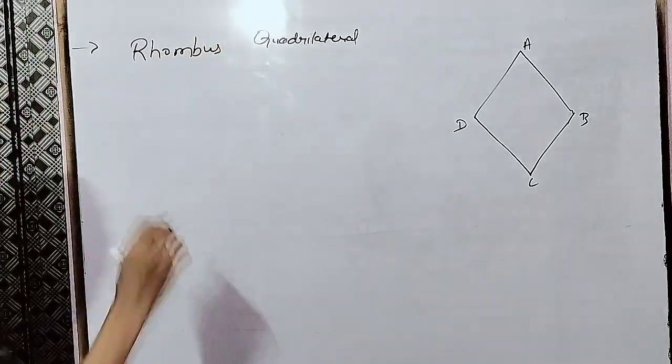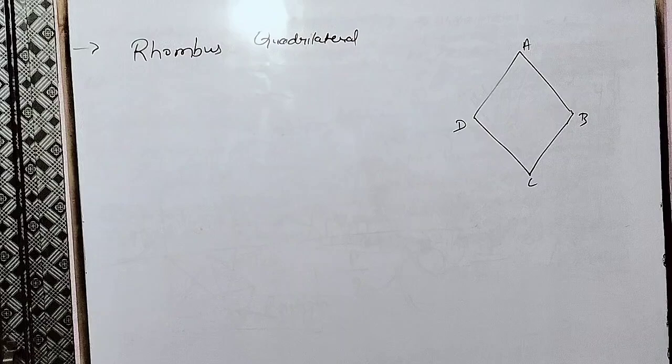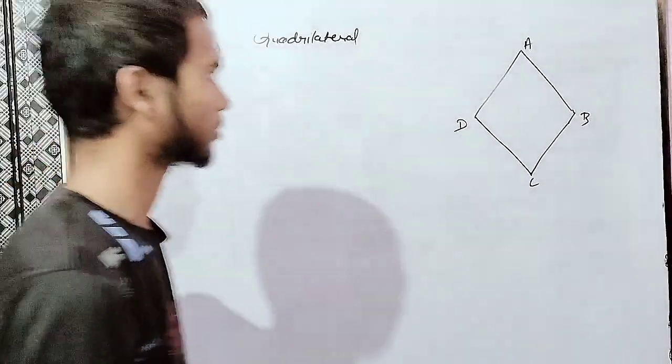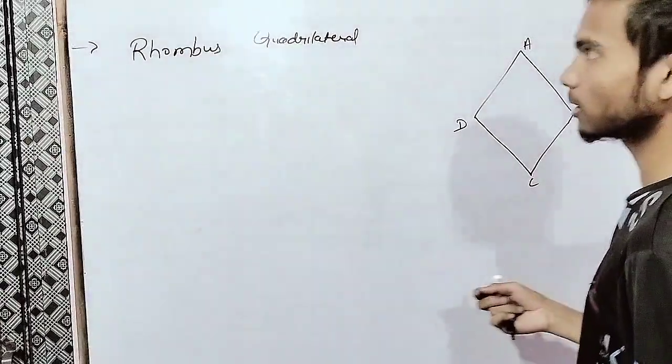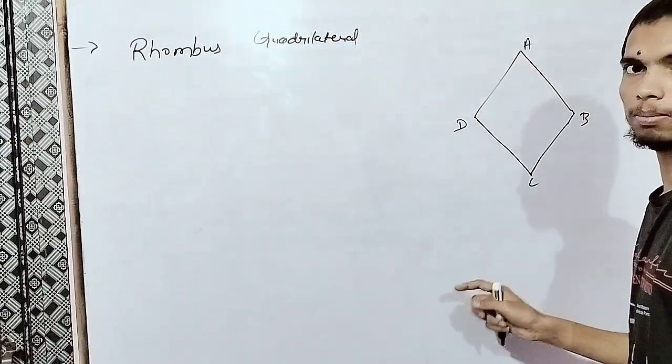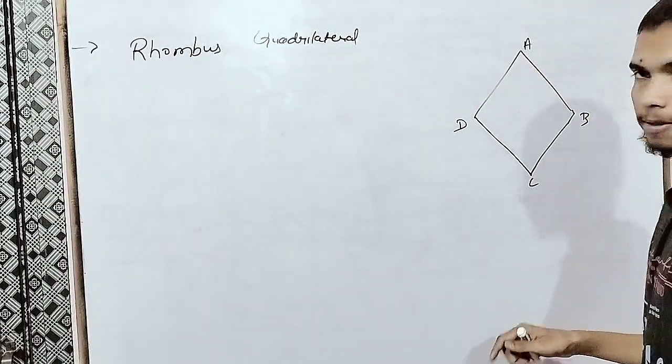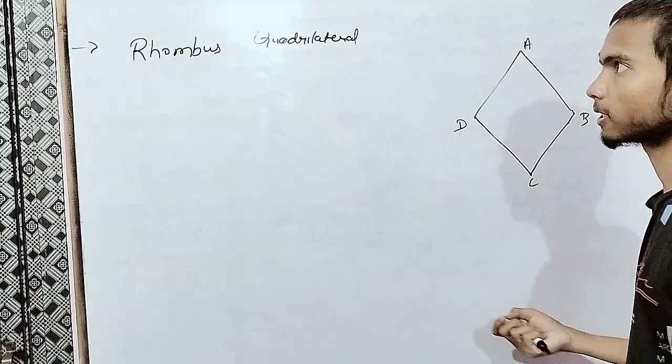Rhombus quadrilateral. Remember, it is already a parallelogram. But what is the difference between a rhombus and a parallelogram? Sides. The measure of sides.